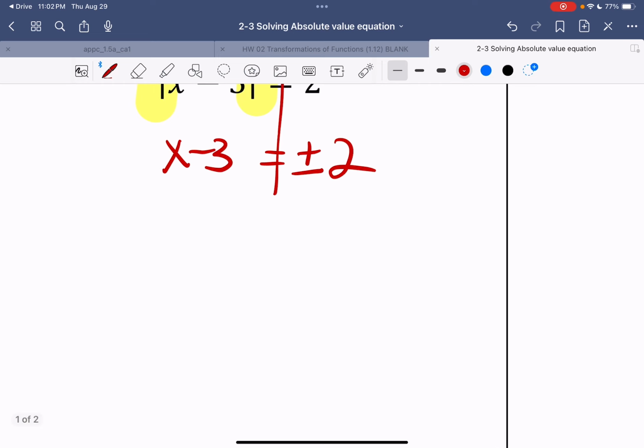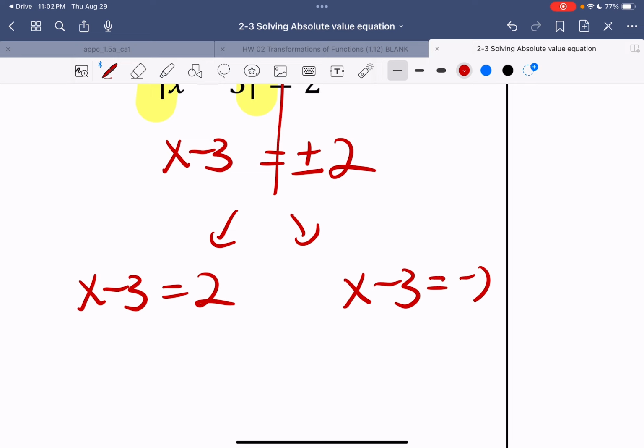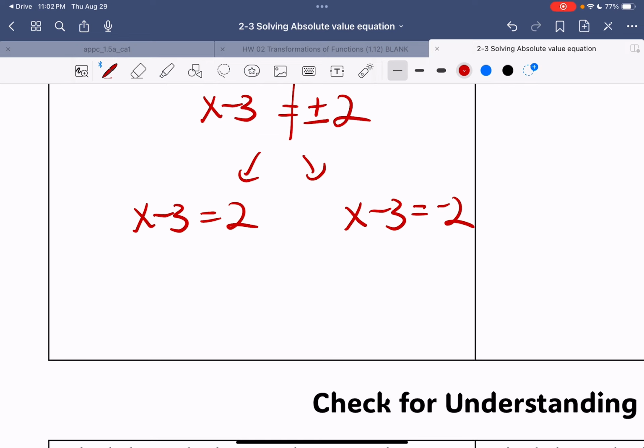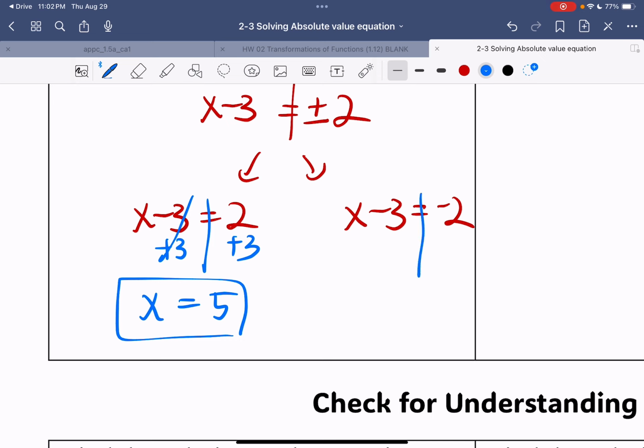This always gives you two options: x minus 3 equals +2, or x minus 3 equals -2. The only thing you have to do is solve for x. I'm going to add 3 to both sides, so you get x equals 5. For this one, you add 3 to both sides and get x equals 1.